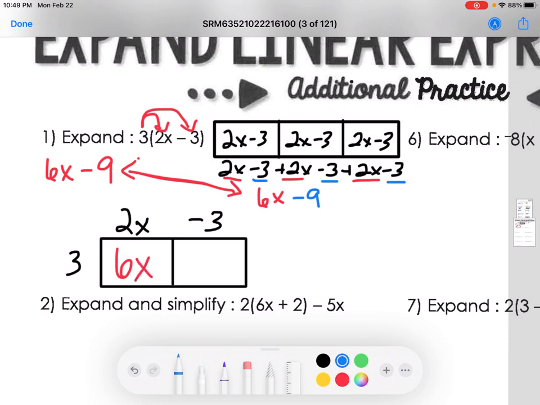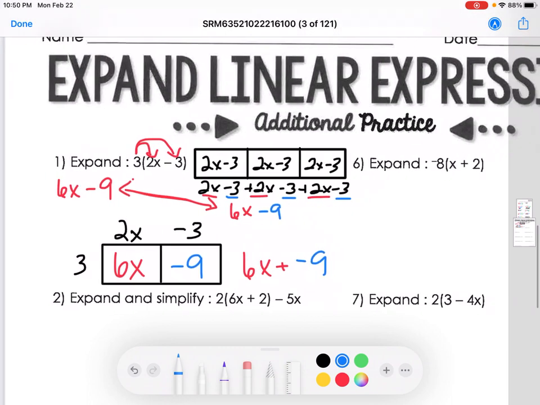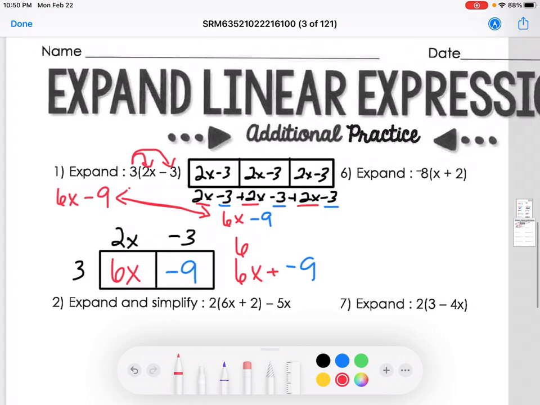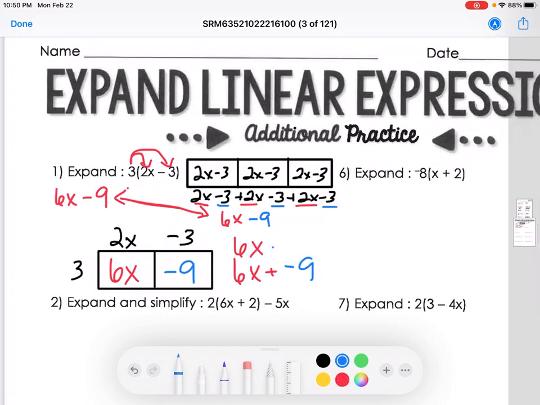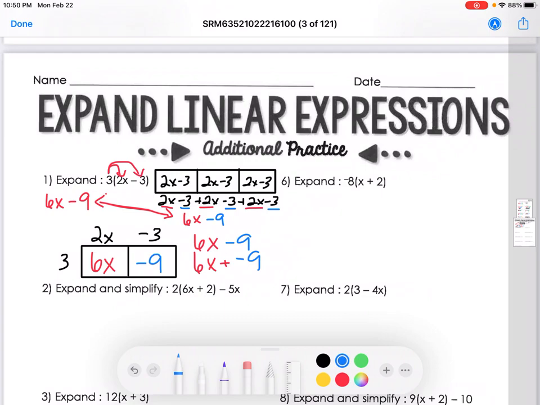And 3 times negative 3 is negative 9. So then you could just add. So 6x plus negative 9, which can also be written as 6x minus 9. So any of those methods would work when you expand linear expressions.